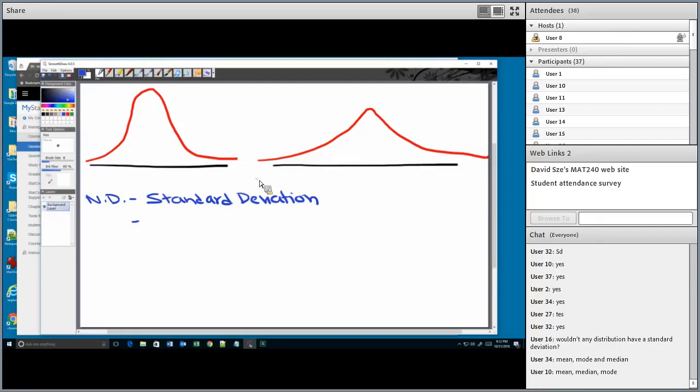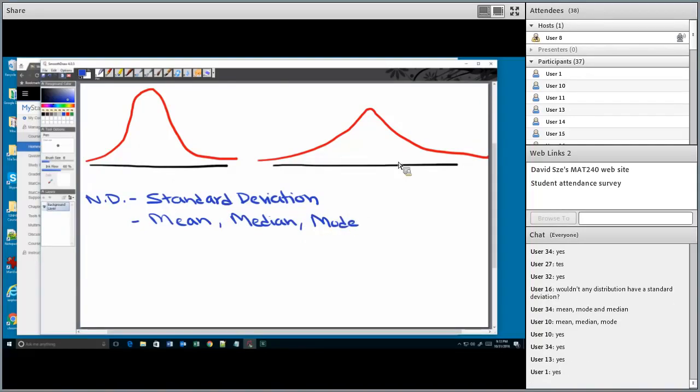Almost all distributions do have it, but in this case, it's very important. Kathleen and Brian, very good. Mean, median, and mode. So would you all agree that we should also have a mean, a median, and a mode for this, right? Because that will tell us where the center is. Now, in this case, you already know that the center happens to be in the middle, right?